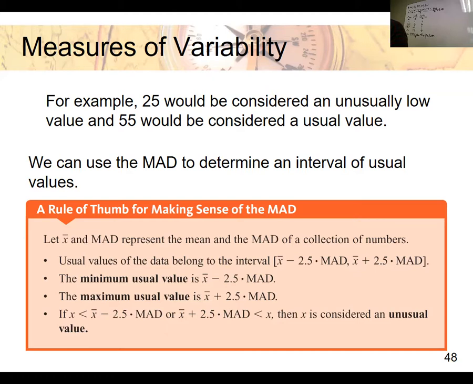The minimum usual value would be something like X bar minus 2 times the standard deviation, and the maximum would be the mean plus twice the standard deviation. So your guess is as good as mine where they got 2.5 from. That's statistics for you.